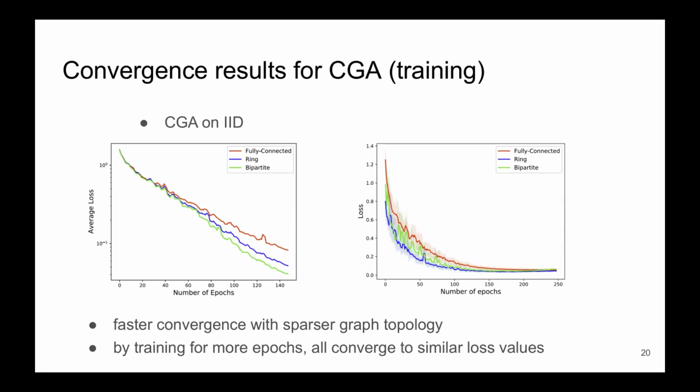I mean, if you go to infinity, probably fully connected is better than the other two. But if you give a limited number of epochs, probably those sparse graphs will be better than the fully connected one, because the fully connected one, I guess, needs time to get the best result. I'm not sure if I understand it correctly or not.